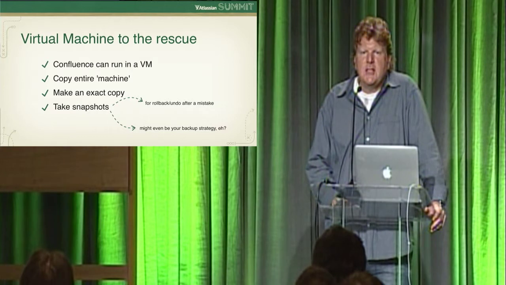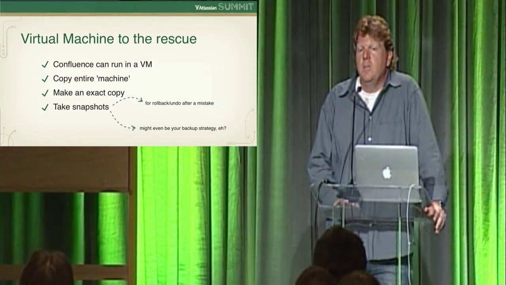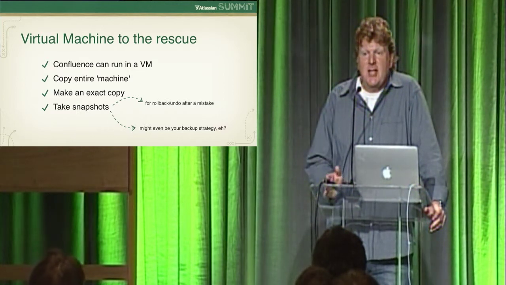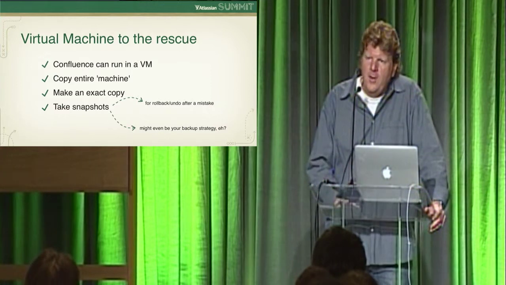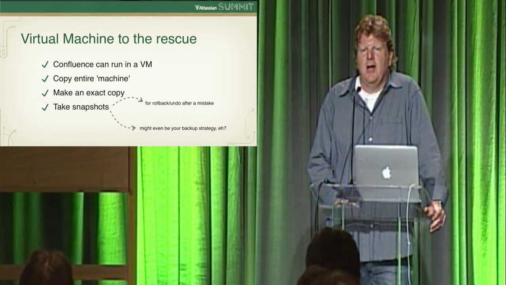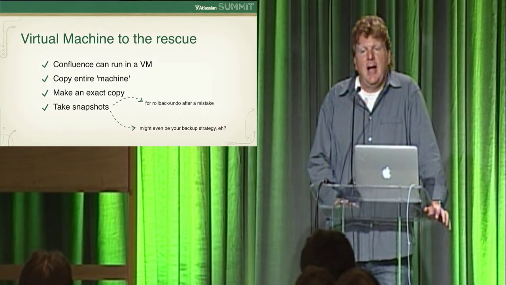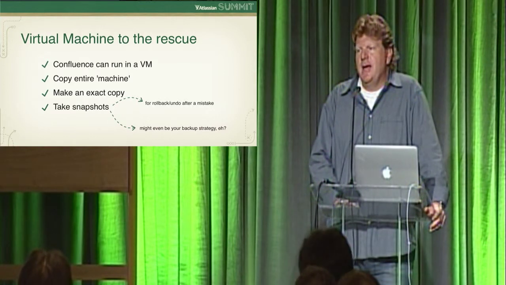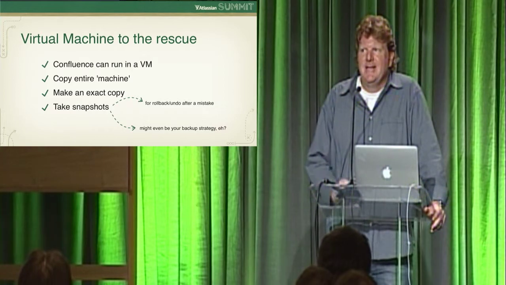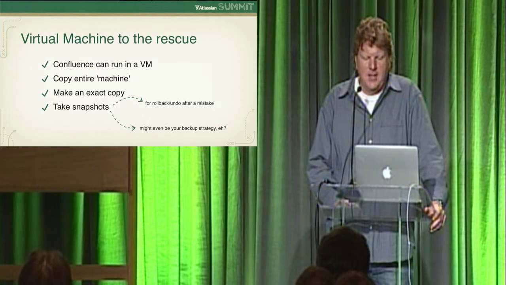Since I had a multi-step process to go through in copying a space across and doing multiple upgrades to get us up to the version that I wanted, I wanted to be able to save at certain points so I didn't have to roll all the way back and repeat all the steps again going forward. You can take snapshots in most of the VM hosting environments, and it's a copy of that entire machine at the time that you took the snapshot. Very, very helpful, and it lets you roll back and set up your work in stages so you don't lose everything and have to start all over at the beginning.